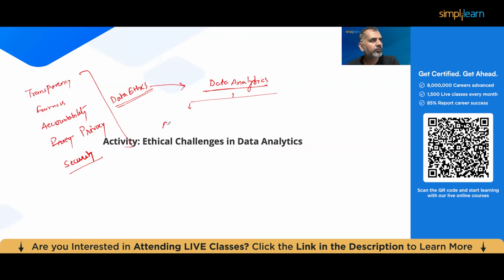One is bias and discrimination. Second, you talk about the privacy concern. And third, you talk about lack of transparency. This is something we have seen till now. Now, when you introduce them, what are the ethical challenges that you see? Let us discuss them and try to understand them in detail.